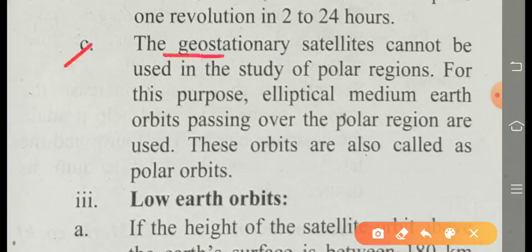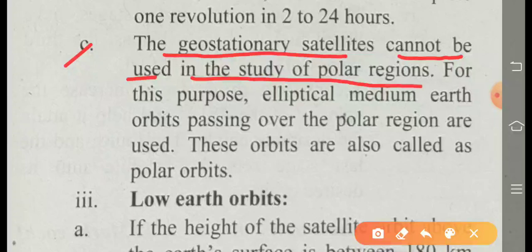Geostationary satellites cannot be used in the study of polar regions. The geostationary satellites revolve parallel to what? The equator of the Earth, and that's why these geostationary satellites cannot be used in the study of polar regions.